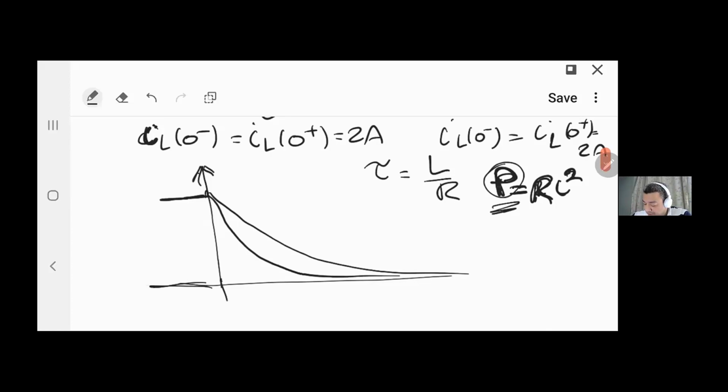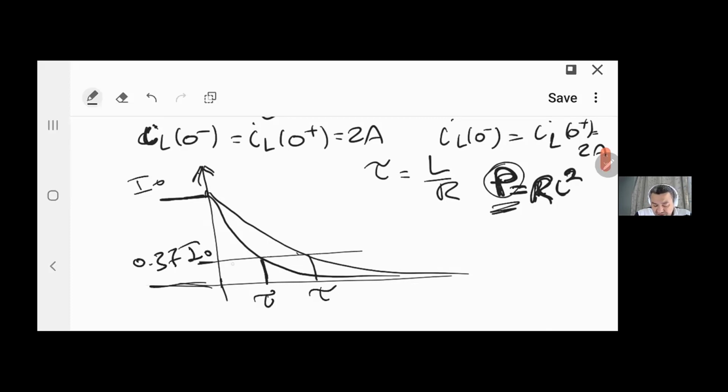If you recall, we said that it will be reaching down to 0.36, so this is tau for one, and this is tau for the other one, because if this is I naught, then this is approximately 0.37 I naught. So you have two different taus.